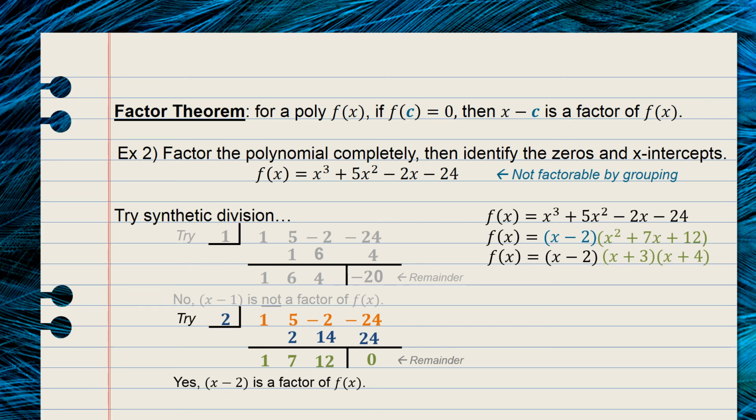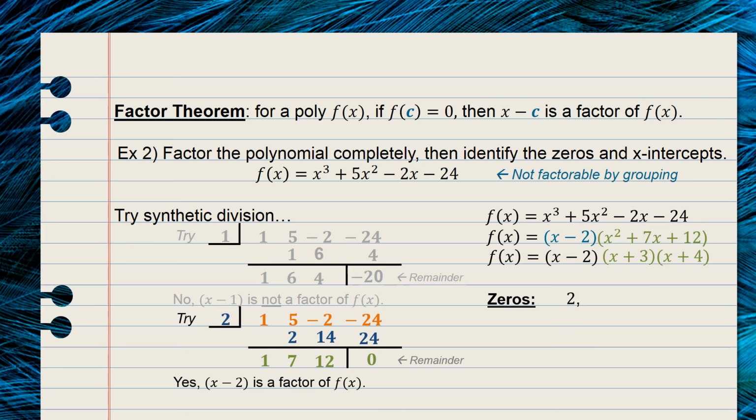The next part of the question says, then identify the zeros. Well, we can only identify the zeros if we have the factors. How many factors do we have in the function? Well, we have 3 factors, which means we have 3 zeros. The first factor, x minus 2, if I were to set that equal to 0 and solve, my 0 would be 2.